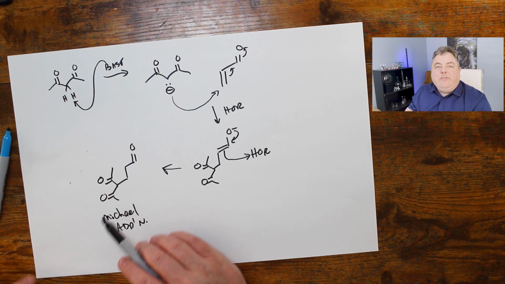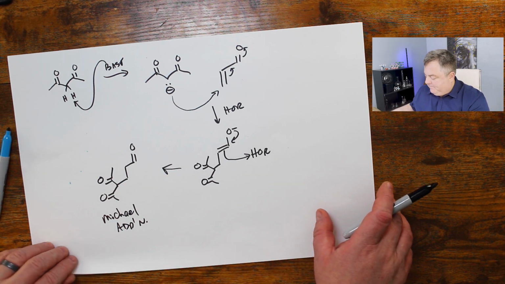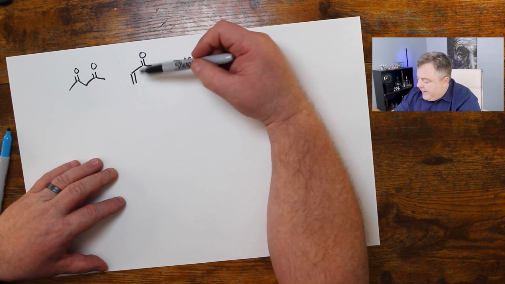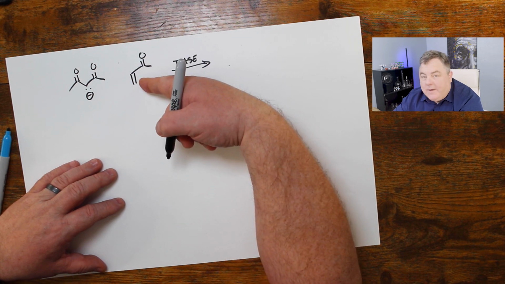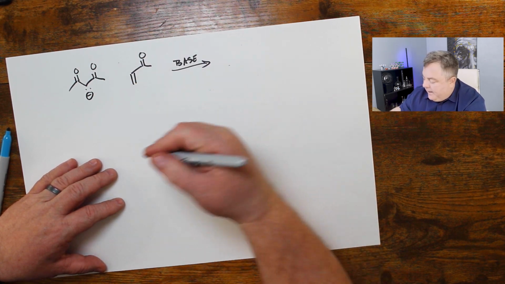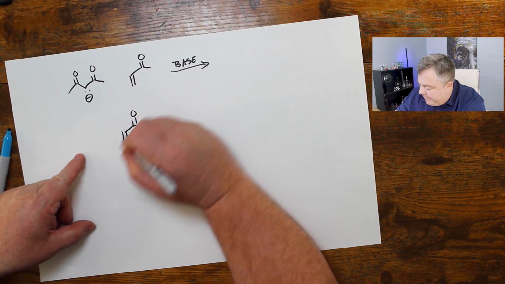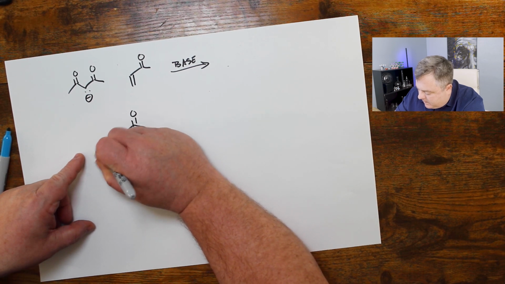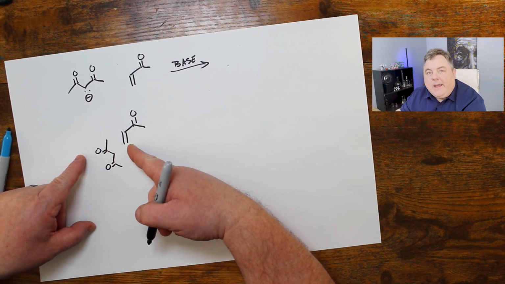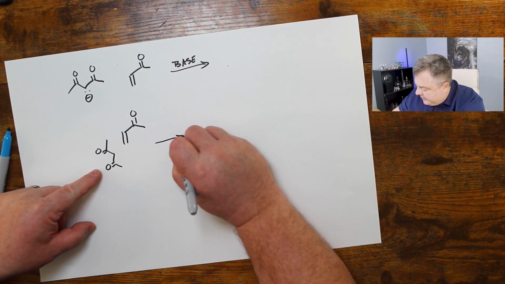So let me show you how to jump right to the product without going through the entire mechanism. If I have a base, an enolate is formed, and you have a conjugated carbonyl, if you're doing a Michael addition, let me redraw these in a better format. Once you figure out which carbon is attacking the conjugated carbonyl, draw those next to each other.